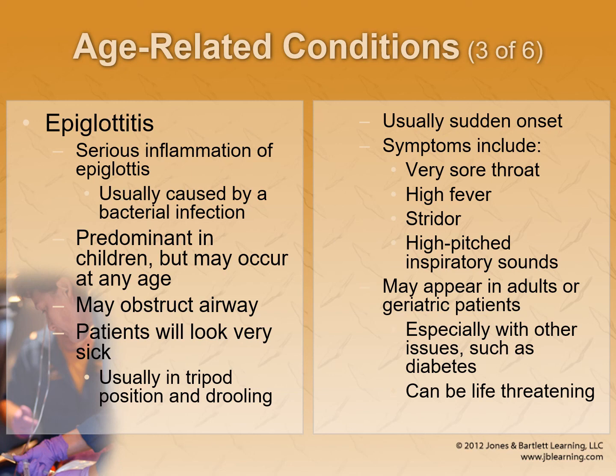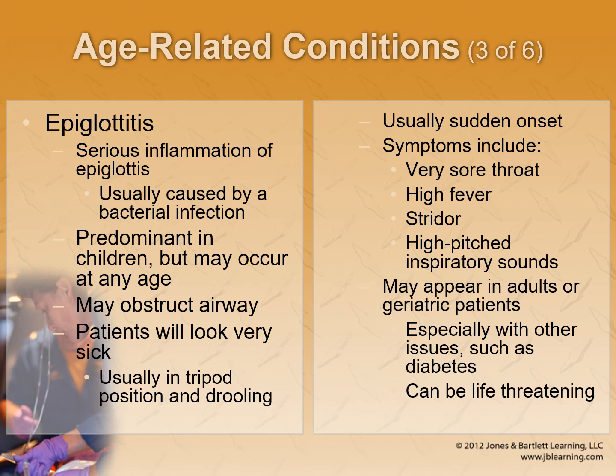Tripod position, drooling uncontrollably if they're a kid. If it's an adult, they'll have their head craned forward. And the reason for that is they have got to lift that epiglottis up off their tracheal opening. The normal mechanisms aren't working because it's so swollen. So they're having to position their own head to open their airway the same way we do with a head tilt, chin lift, or a jaw thrust.